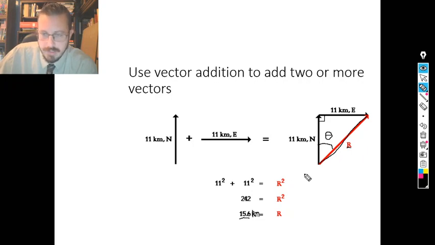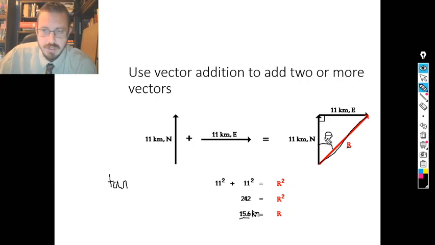Remember that the trig functions relate the sides of a right triangle. That's one of the things the trig functions do, I should say. And so if we already know the side opposite this angle and the side adjacent to this angle, then the tangent function is a useful function in solving for the angle there. And so the tangent of that angle is this ratio, 11 divided by 11, or 1.